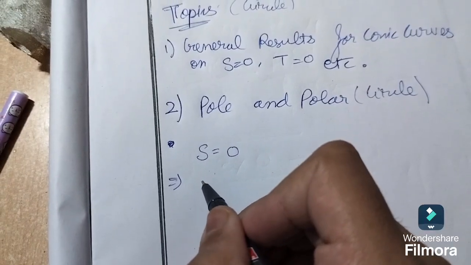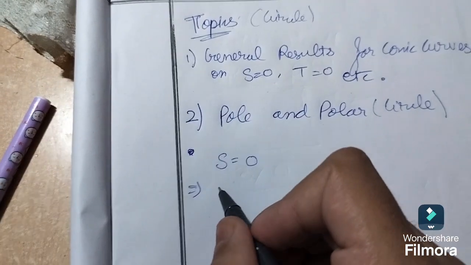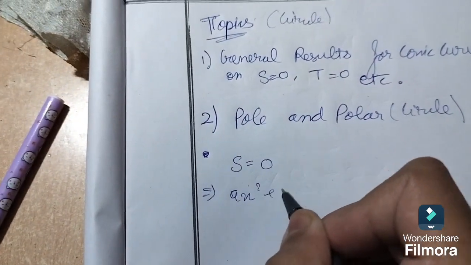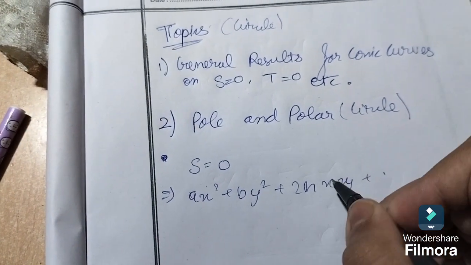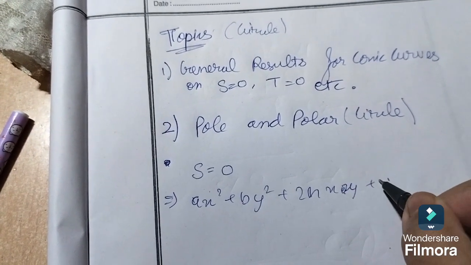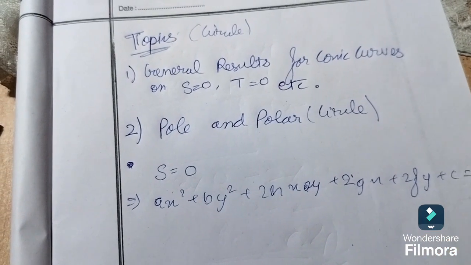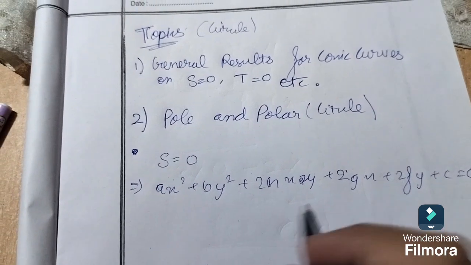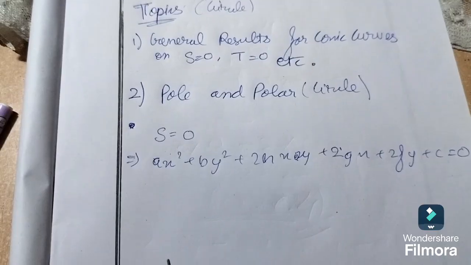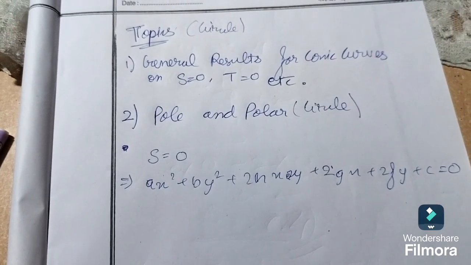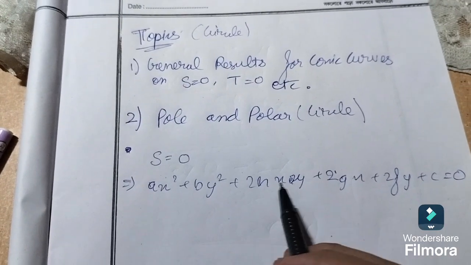S means you have a general 2-degree homogeneous equation, which is ax square plus by square plus 2hxy plus 2gx plus 2fy plus c equal to 0, right? This is the general equation of any curve, a homogeneous 2-degree equation.